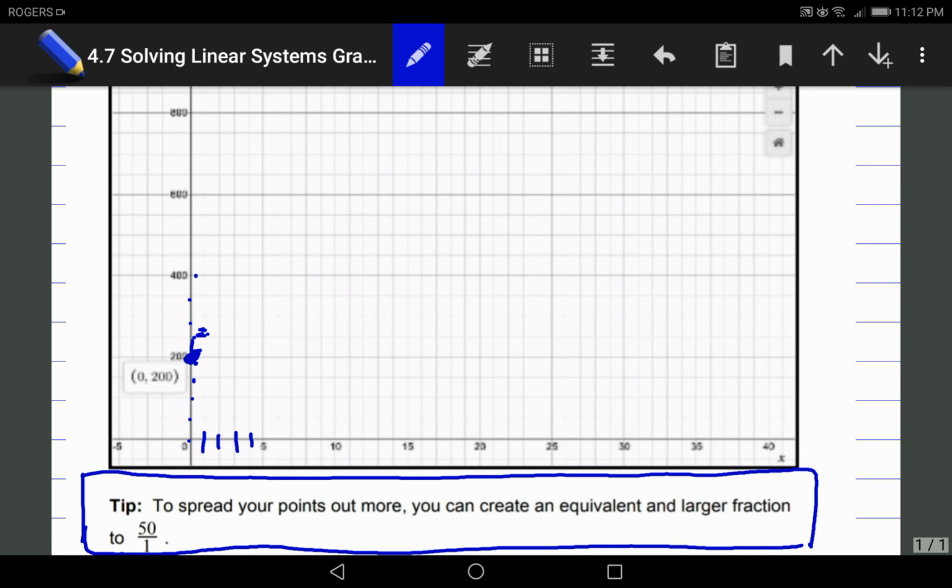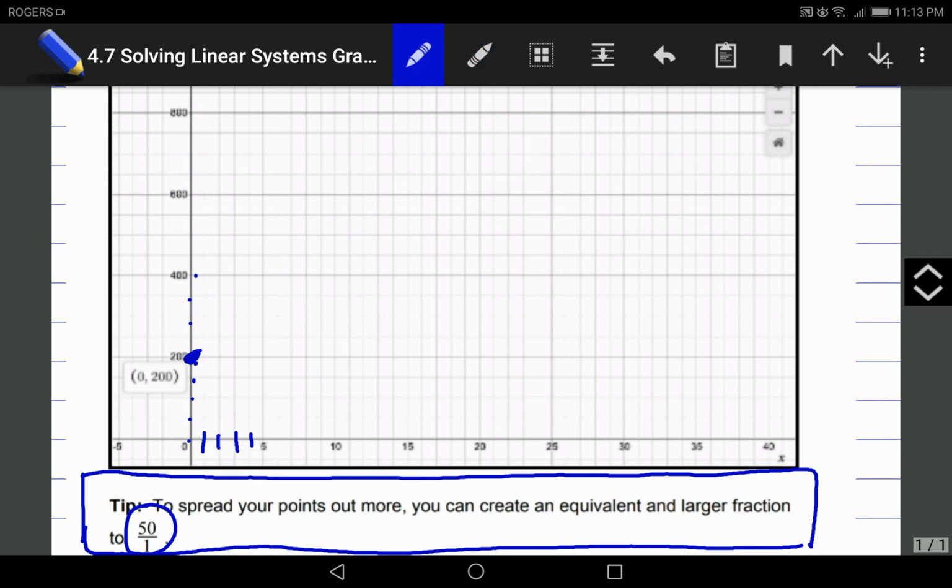Instead of 50 over 1, what if we used bigger numbers? Because my scale seems to be larger here, because I'm going by 50s, it's a pretty large scale. How can I write 50 over 1 as a bigger number? And remember, I want to do this just because my graph's going to be too sloppy because my scale is just too big to accommodate this 50 over 1 rate of change.